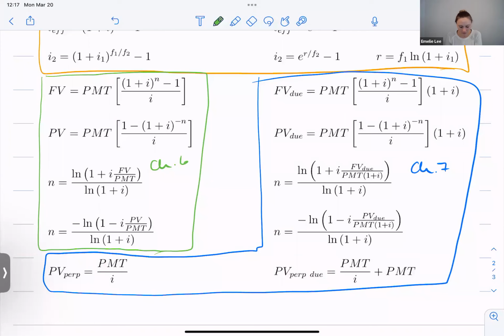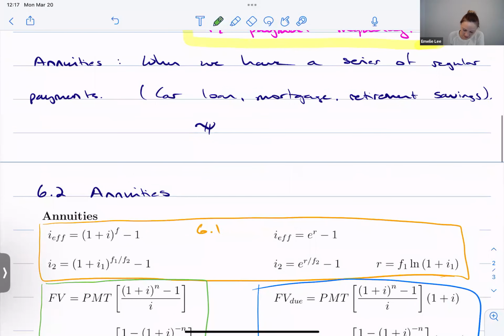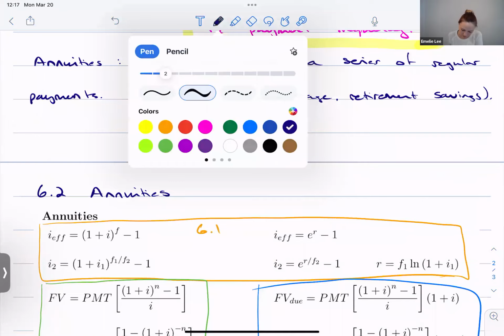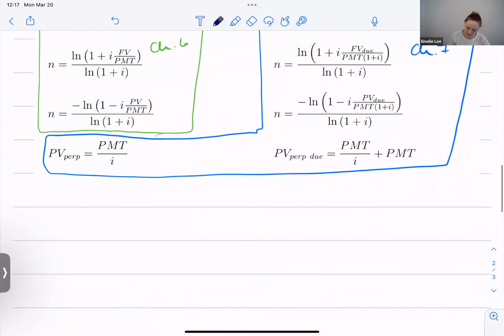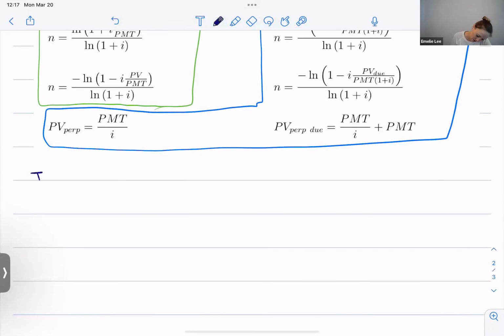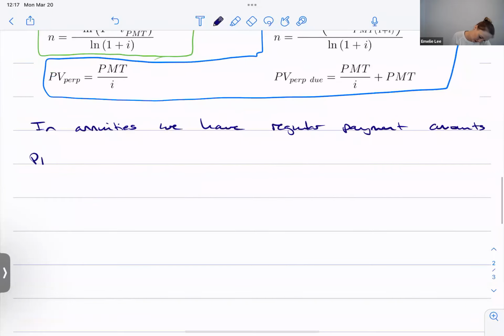All right. So annuities is when we have regular payments. Okay. So just as a heads up, in annuities, we have a regular payment amount. PMT is how we're going to denote it.